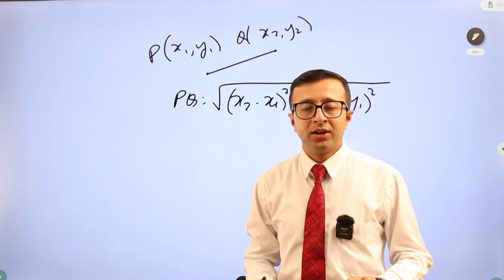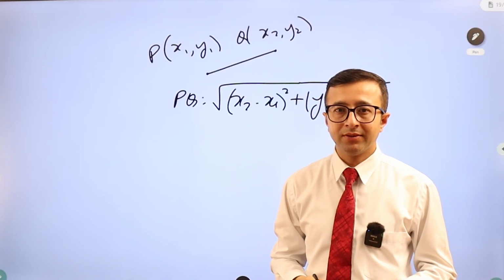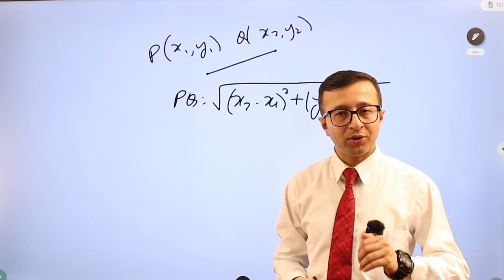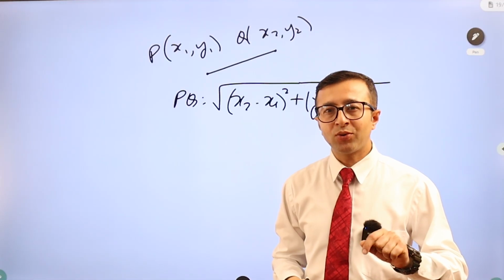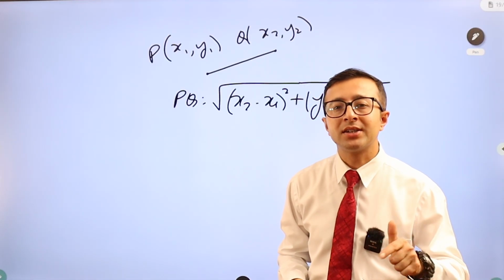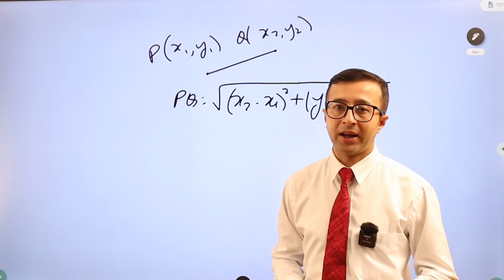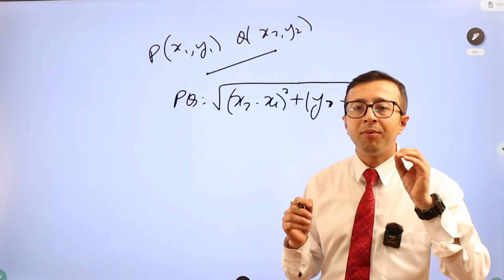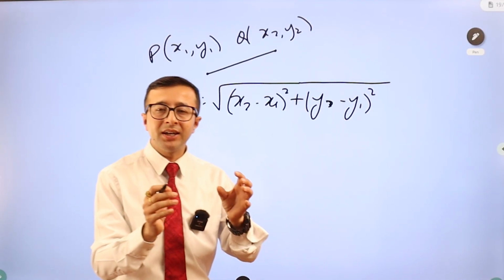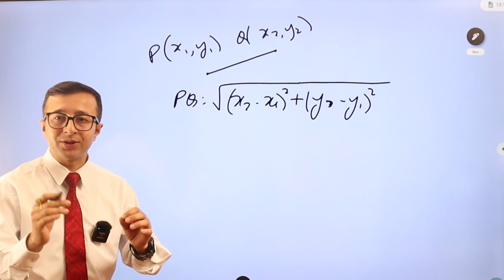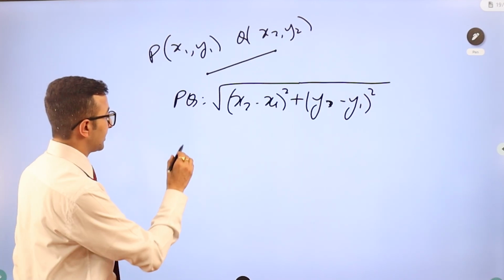Now to check the types of quadrilateral, 4 coordinates will be provided. To check the types of quadrilaterals, we need to find 6 distances, 4 sides and 2 diagonals. It takes lots of time. If you have a very tricky way to find the distance between any 2 points, then it will be very easy for you.